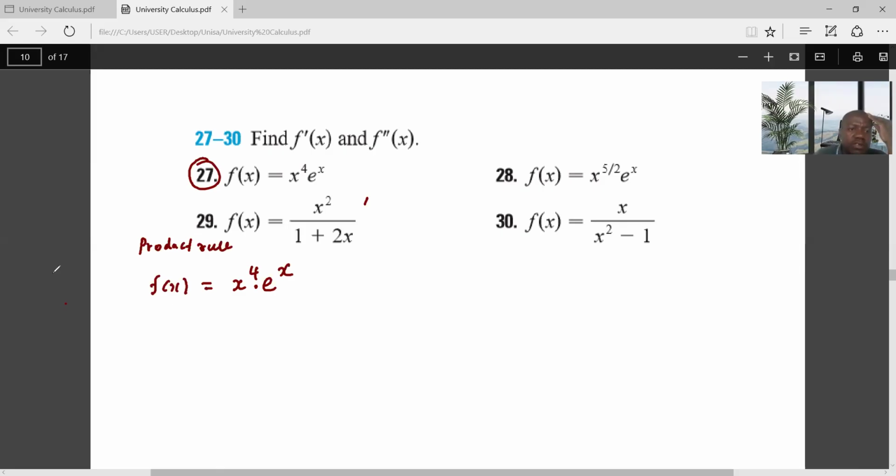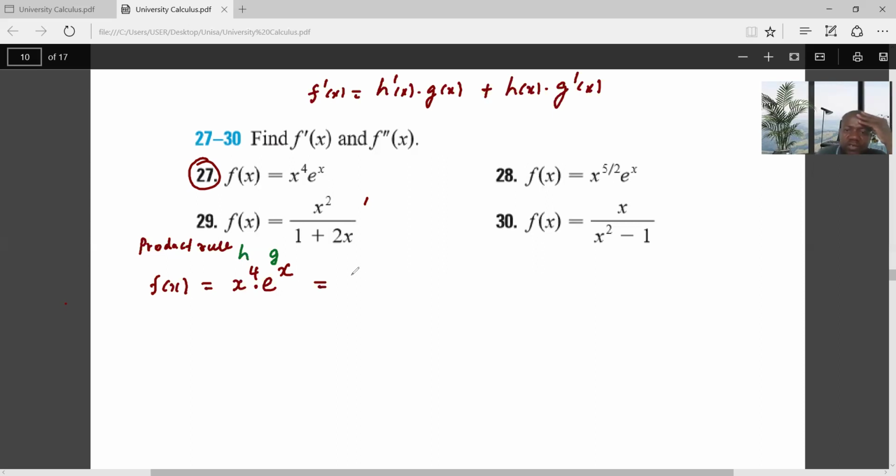In terms of the product rule, we can call this h and this g. I'm not going to repeat this again, but let me just write it here. We know f prime of x: we differentiate the first one and leave the second one, plus we leave the first one and differentiate the second one. So let's now do this.